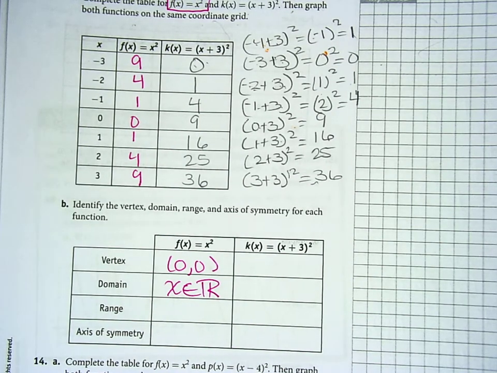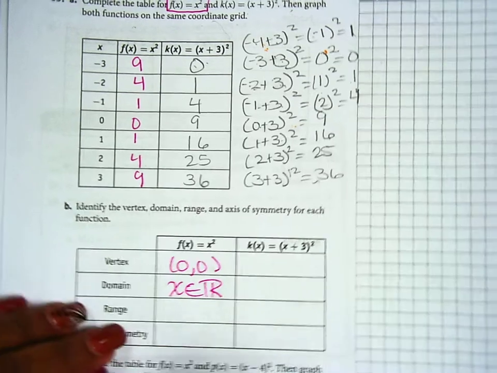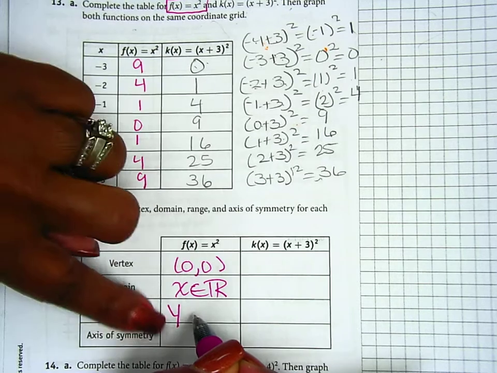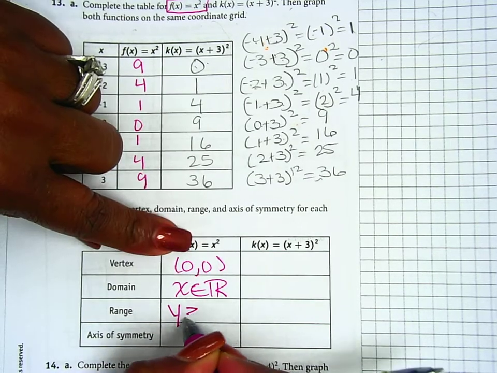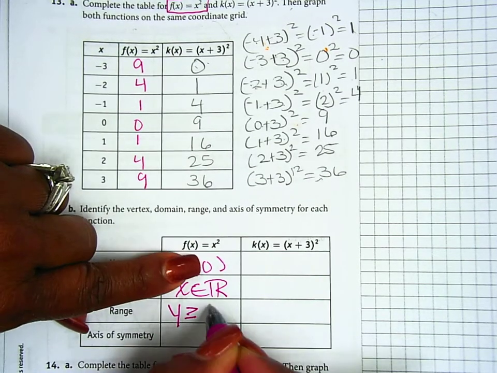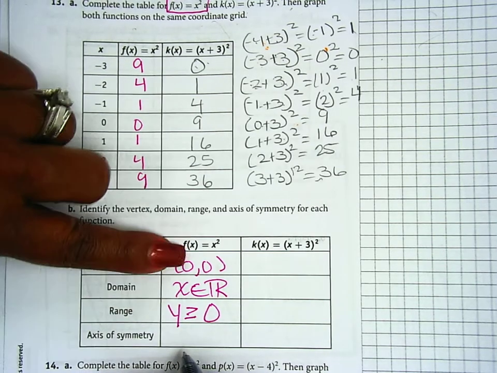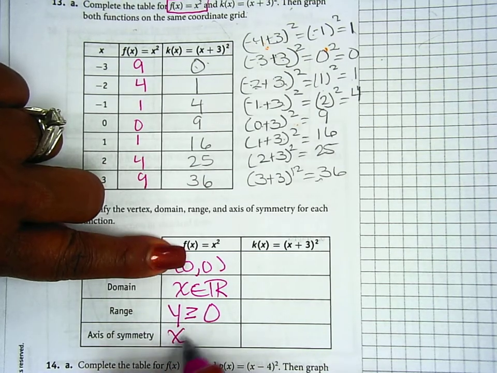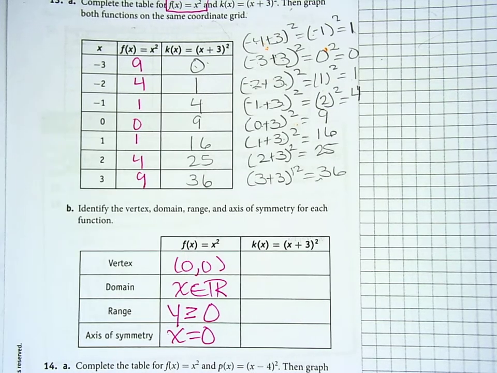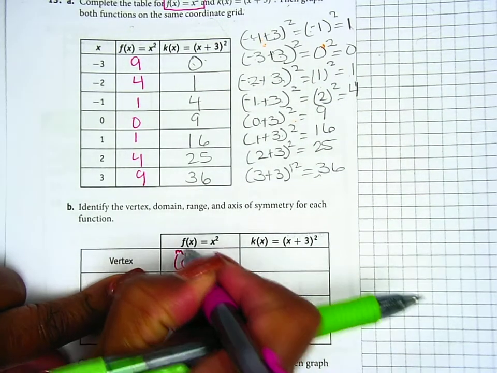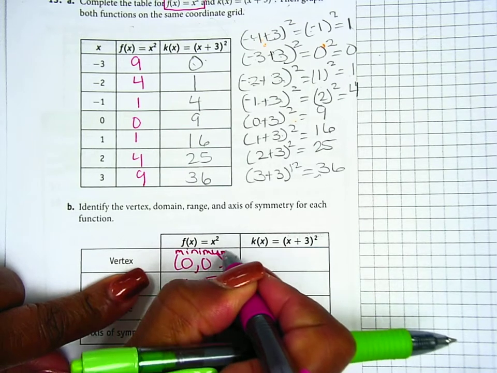What if that teacher is wrong? So I'm going to leave that alone. Here, my range is y greater than or equal to 0, the y value of the vertex, because it's the parent function and opens upward. The axis of symmetry is the x value of the vertex, so I know it's x equals 0. And I know this vertex is a minimum because it opens upward.